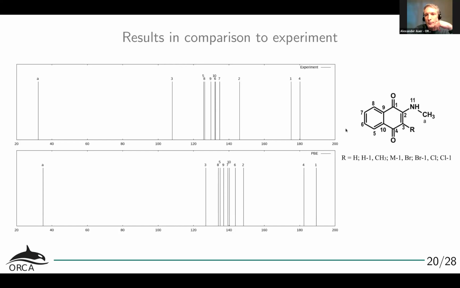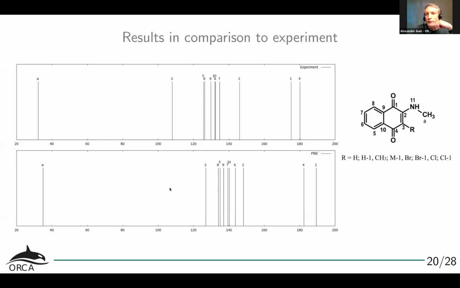We have number 3, which is a chlorine in this case, comes out here, and the amine functionality, the carbon, also comes out here. But if you look closely, the assignment of these 2 atoms, 1 and 4, seems to be switched around in the theory, and also everything is shifted to higher delta values.